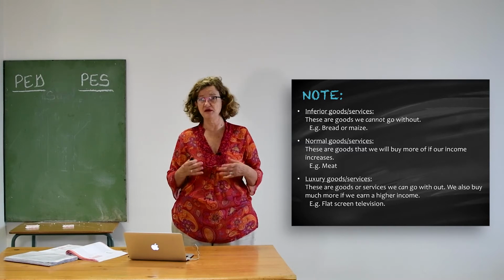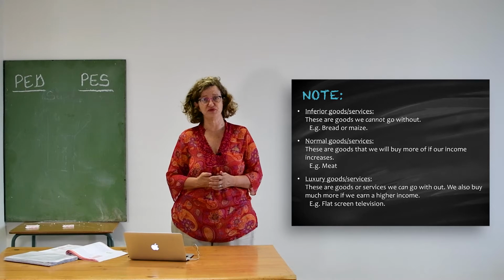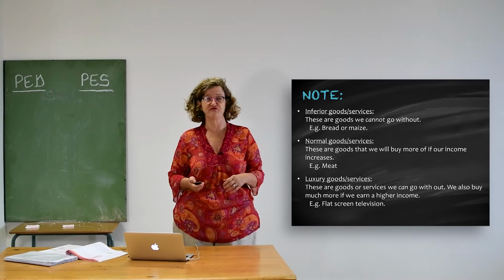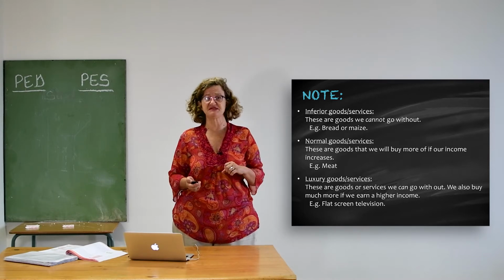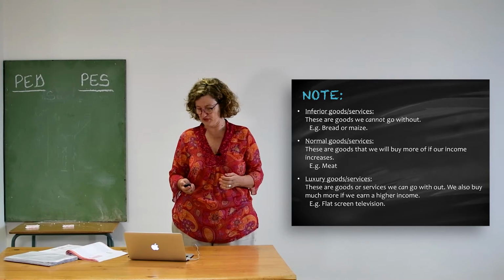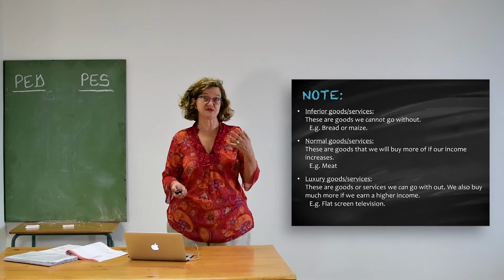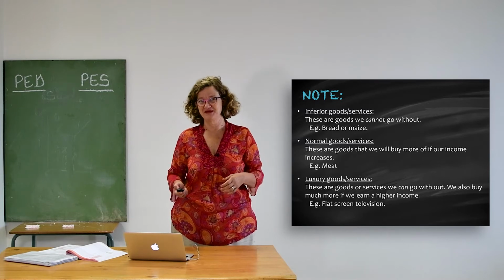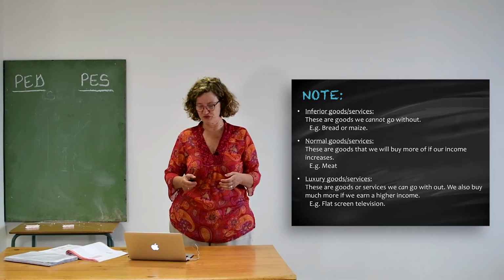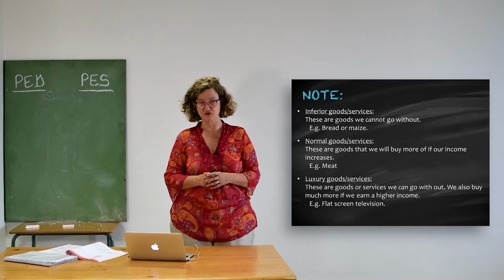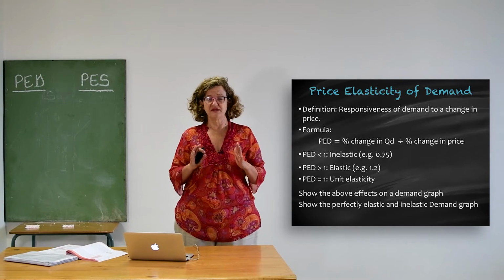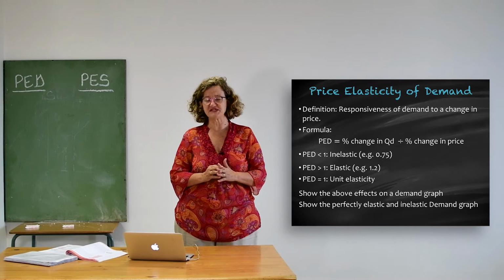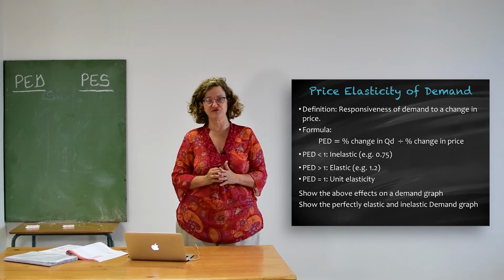Where others say, no, I can go without it. I don't really need it. It's a luxury for me. For the one person it is an inferior good, and for the other person, they see it as a luxury good, a good they can go without.